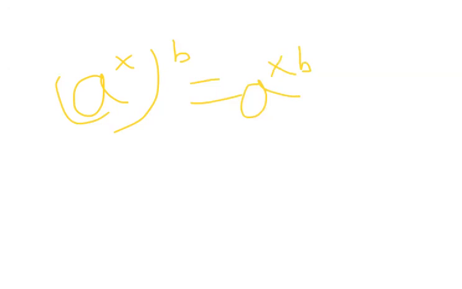If you're doing power to the power, like a to the x to the b, that's just going to be a to the xb. You multiply when it's power to power. You can also do negative exponents, which are like this: a to the negative b is going to be 1 over a to the b.